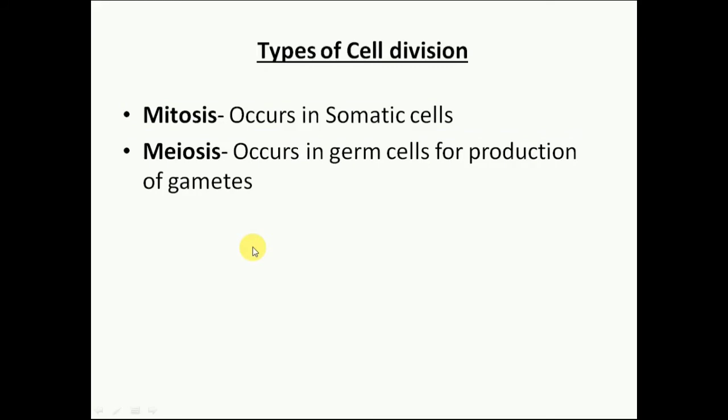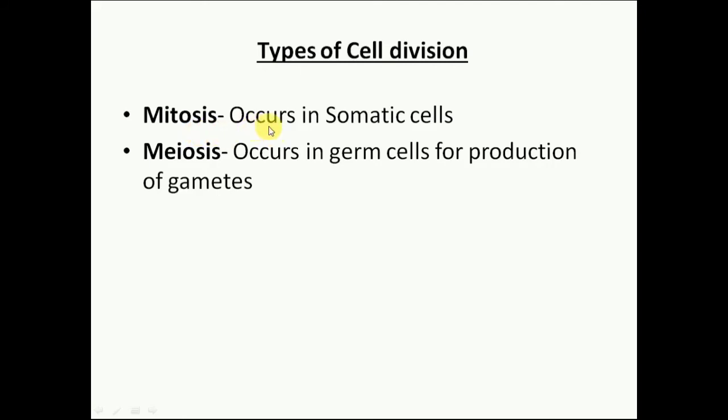Next, types of cell divisions. Now, there are generally two types of cell division that occur in our body. The first is mitosis. Mitosis occurs in somatic cells. Somatic cells means body cells, and this type of division is responsible for growth, repair, replacement. This does not take part in reproduction.